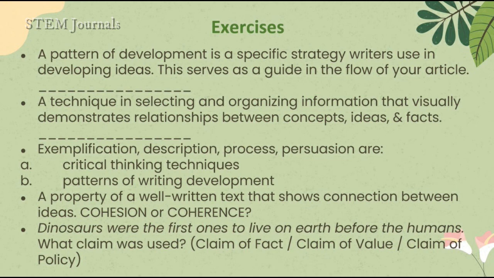Coherent po, ma'am. Okay, next. Next is, ayan, dinosaurs were the first ones to live on Earth before the humans. Anong claim ang ginamit? Is it claim of fact, value, or policy? Dinosaurs were the first ones to live on Earth before humans. Claim of fact. Okay, that is claim of fact. Very good.